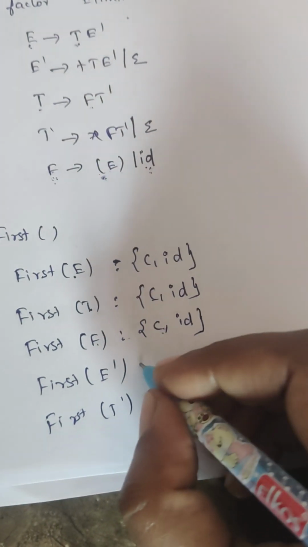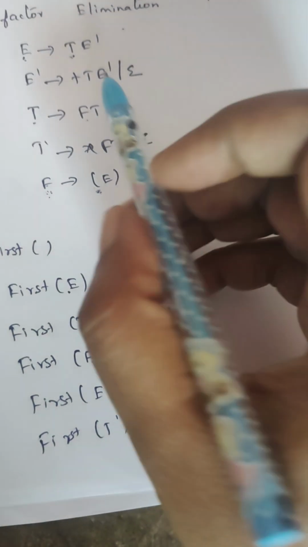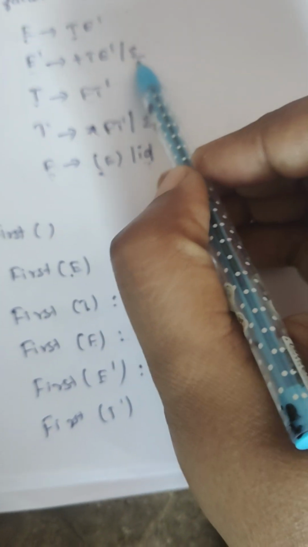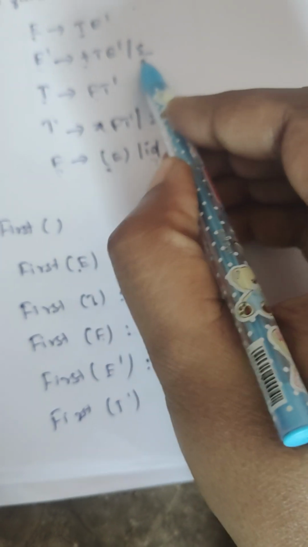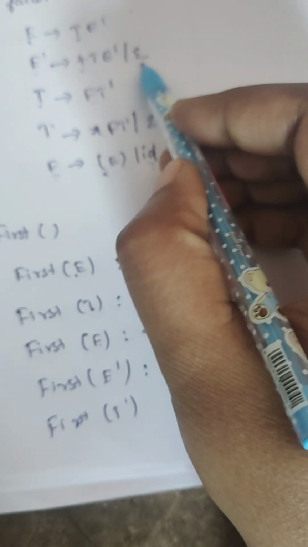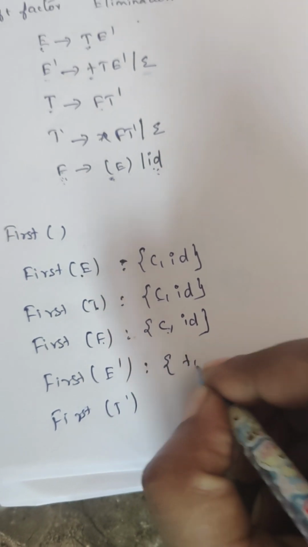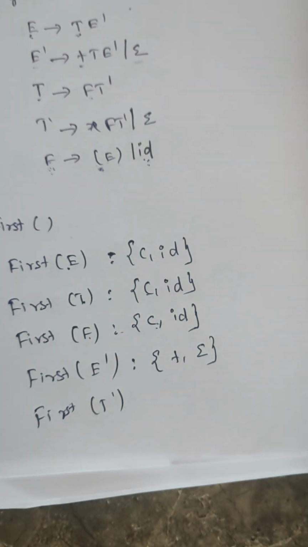Now we go for E dash. First of E dash points to two variables: one is plus and the other is epsilon. So first of E dash is plus and epsilon. Then first of T dash.